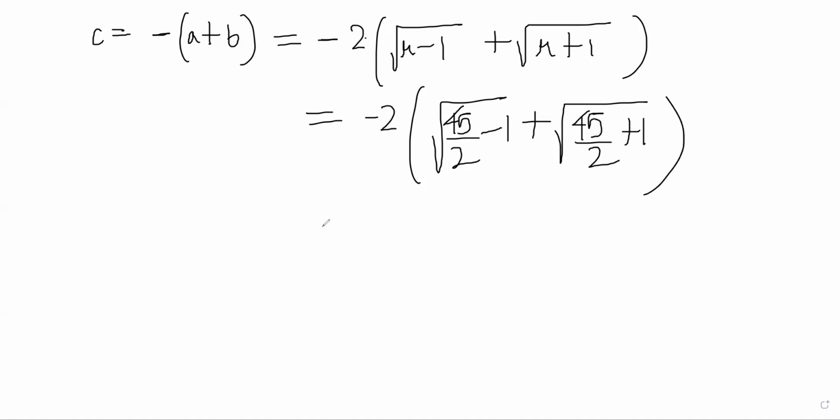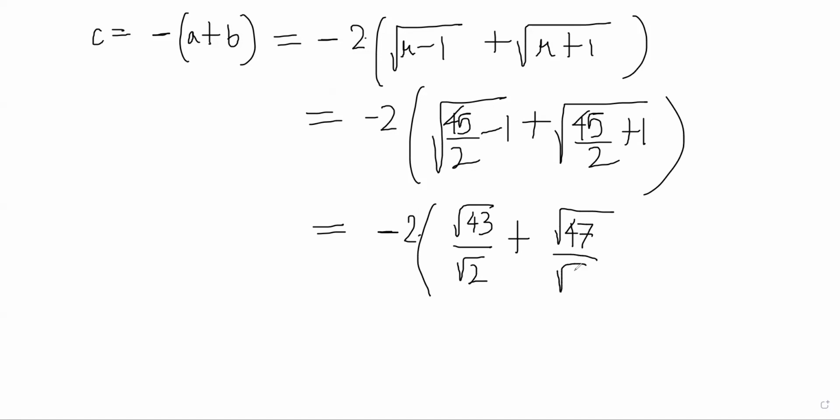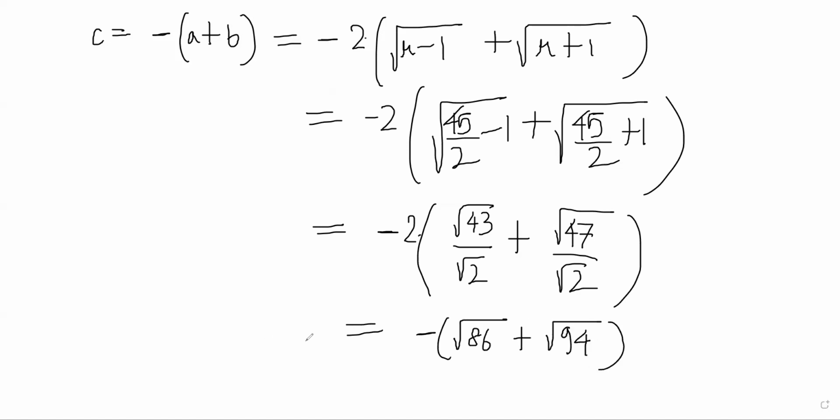So what we end up getting here is negative of 2, and this becomes root 43 by root 2 plus this becomes root 47 by root 2. So if you simplify and take the 2 inside, you get negative of root over 86 plus root over 94, and that is the value of c, right?